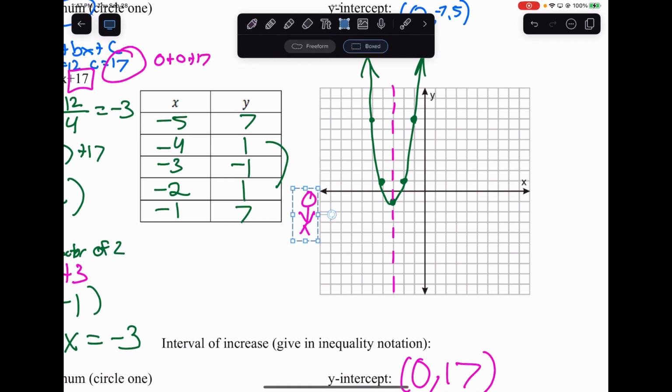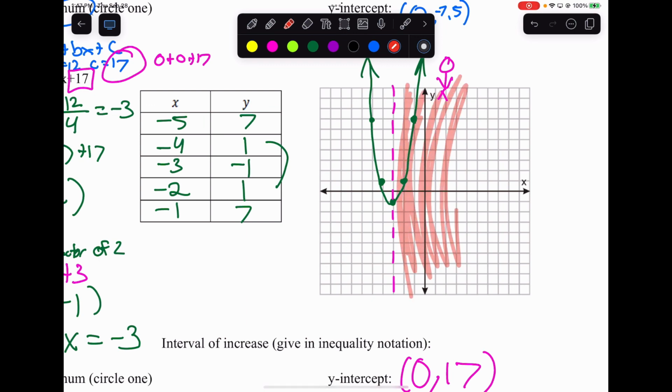At the very beginning, we can see he's going down, so that beginning part is our interval of decrease. And here at the vertex, he starts to go up again. So the part of the graph where it is increasing is going to be on this side of the graph.